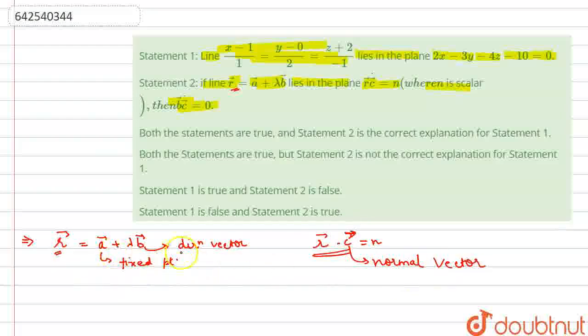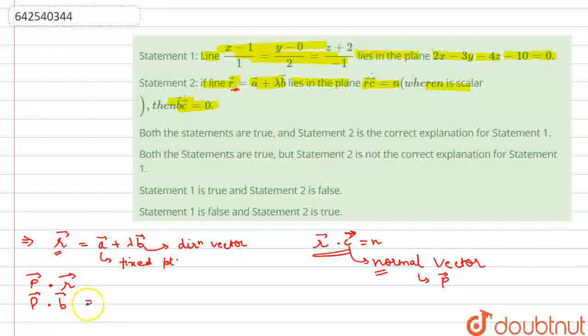In this type of plane representation form, this vector represents the normal vector of the plane, and since this line is lying in this plane, the normal vector of the plane will be perpendicular to this line. Let this normal vector be represented by p. So this p vector will be perpendicular to this r vector, and the r vector is containing the direction vector, so p vector will also be perpendicular to the direction vector, that is b vector.